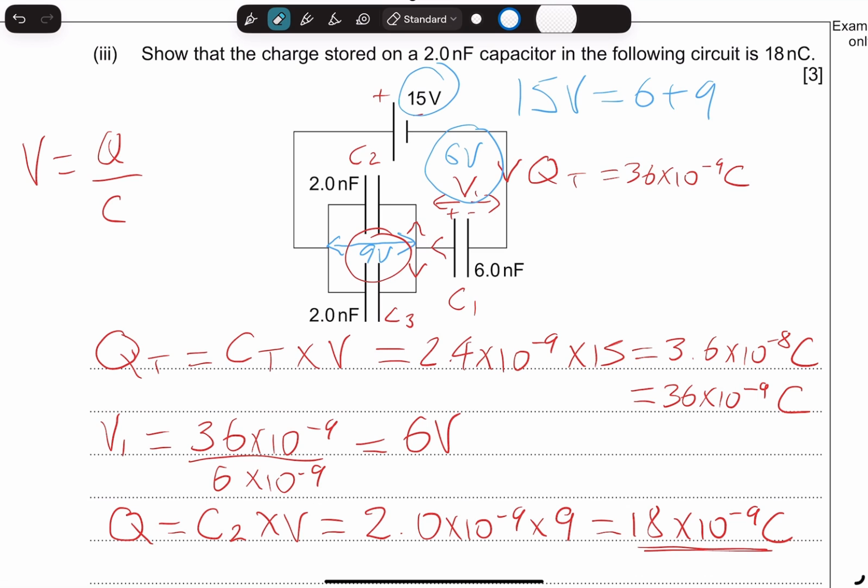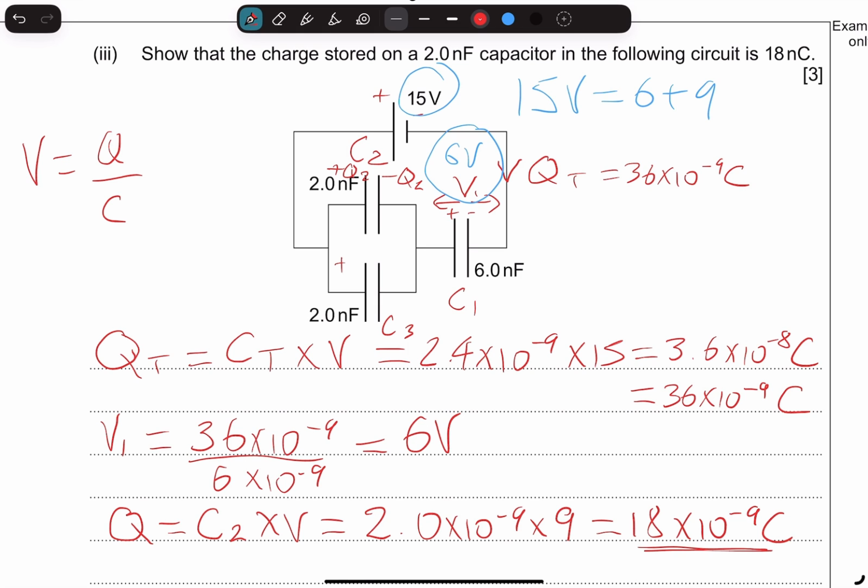Now, essentially what we're saying here is, if we call this one C2 and this one C3, then on this plate here you're going to have a negative charge of Q2, and on this plate here you have a positive charge of Q2.